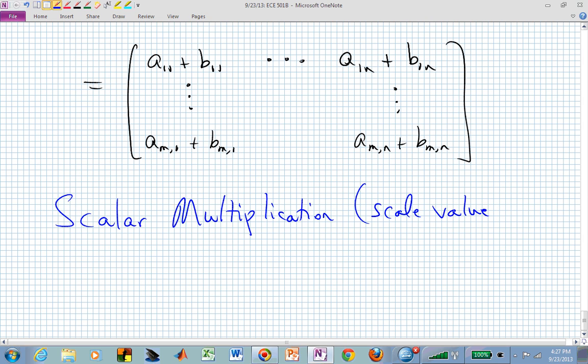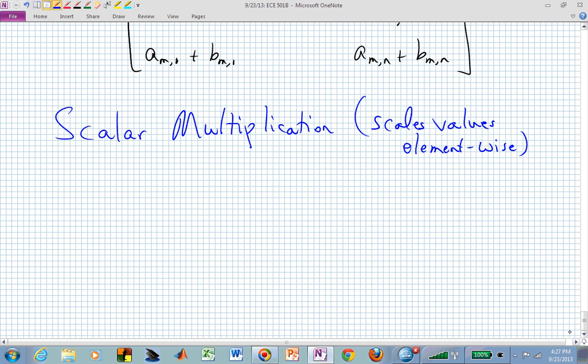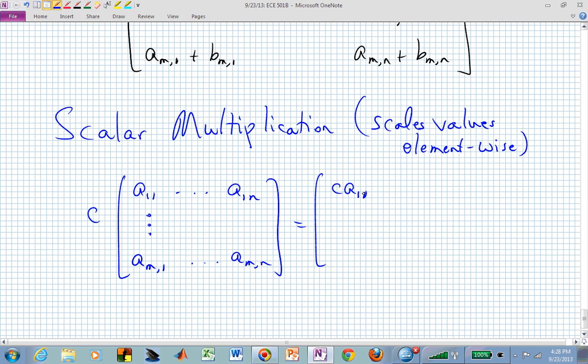So the scalar scales values element-wise. So that if we now had C times some matrix, A11, A1N, AM1, AMN, then we simply scale each of those elements by the same scalar C.